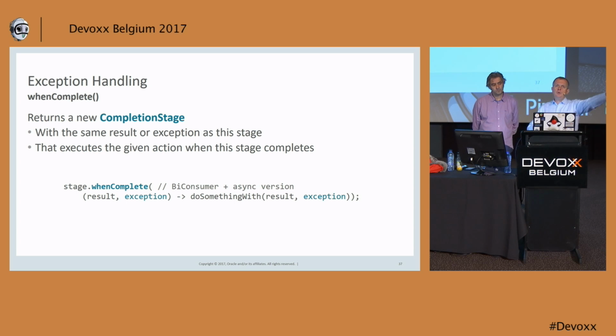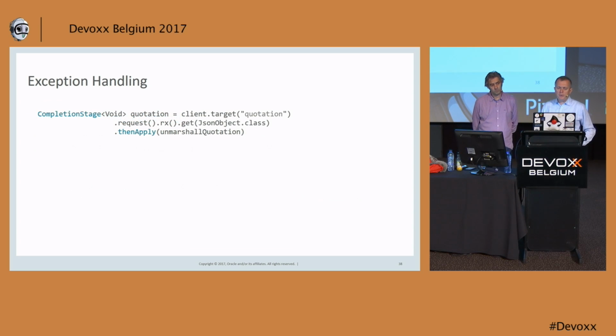So suppose that we are querying a given weather forecast server and that this server is not there. With this whenComplete method, if there is an exception, we can decide to trigger a request for another weather forecast, for instance, and get a result that would be maybe different, but that will still be valuable to the customer. Right. So those are the patterns of exception handling.